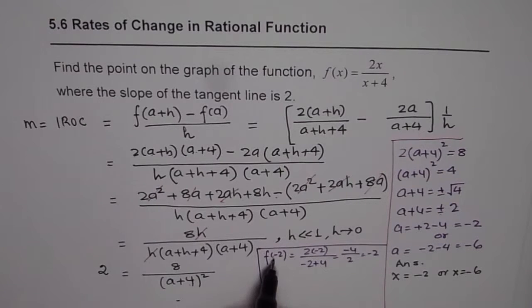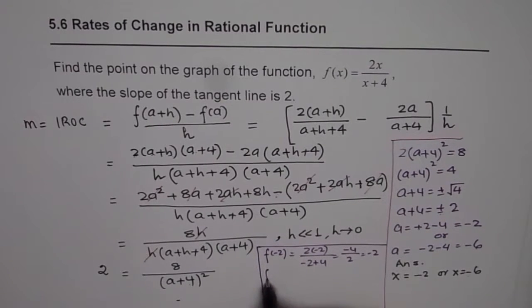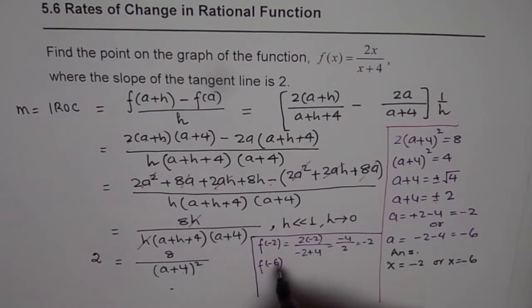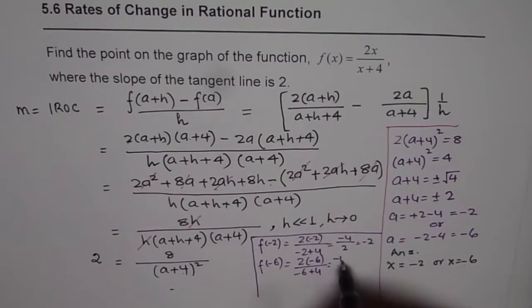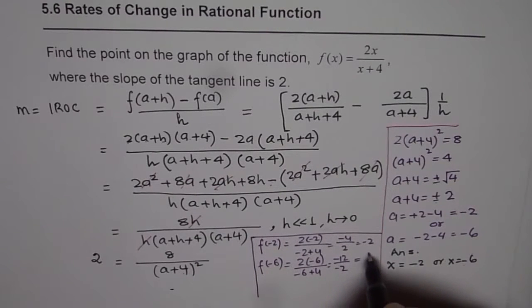That is the value at minus 2. Let's calculate it for minus 6. f of minus 6 is equal to 2 times minus 6 divided by minus 6 plus 4, which is minus 12 divided by minus 2, which is plus 6.